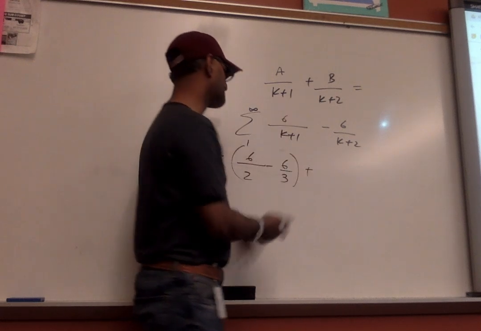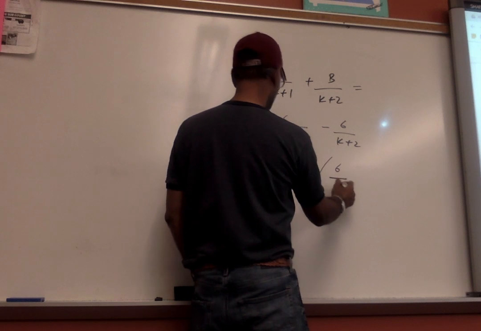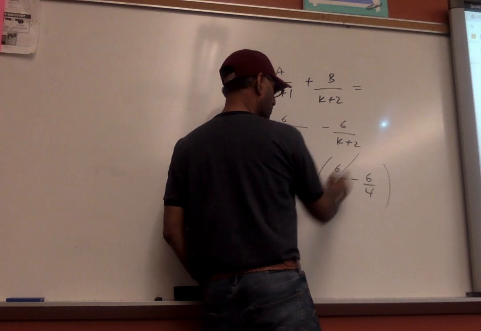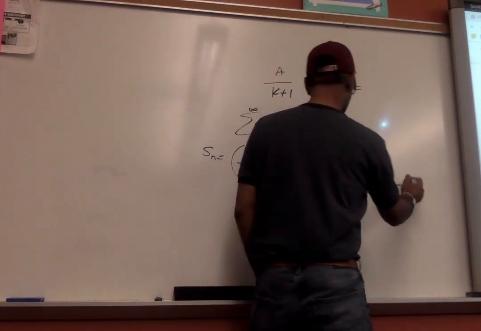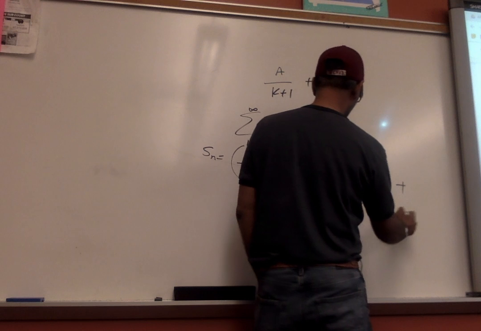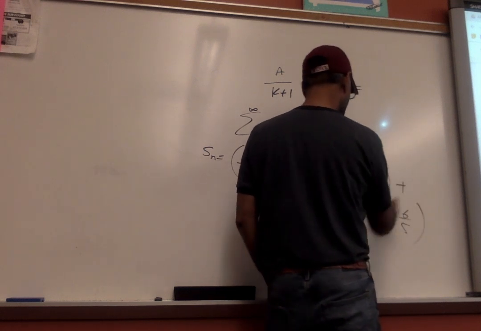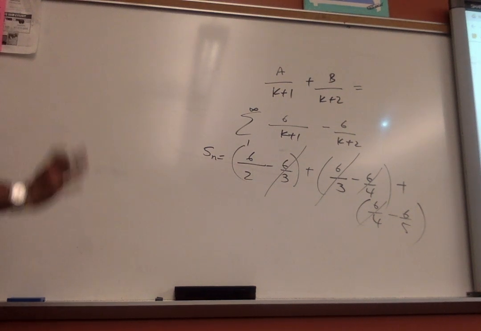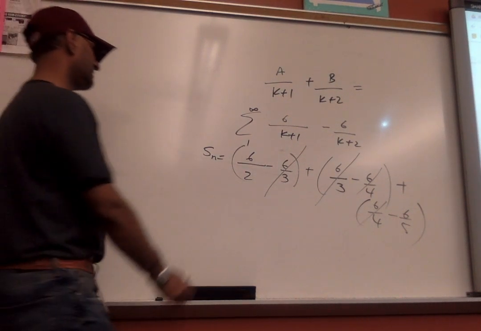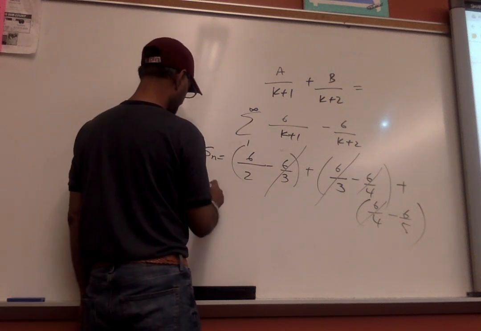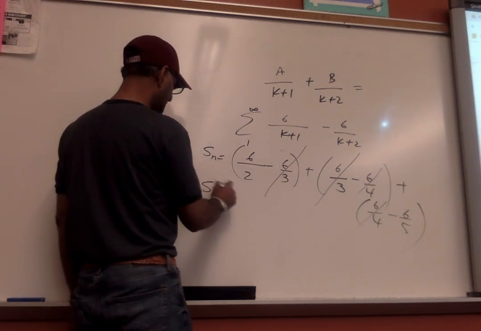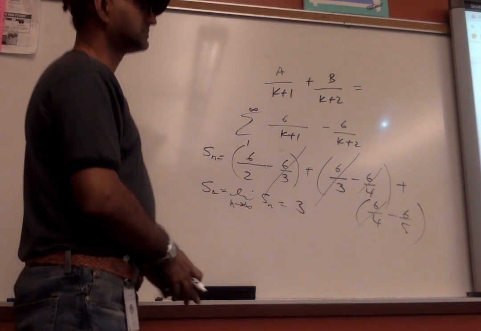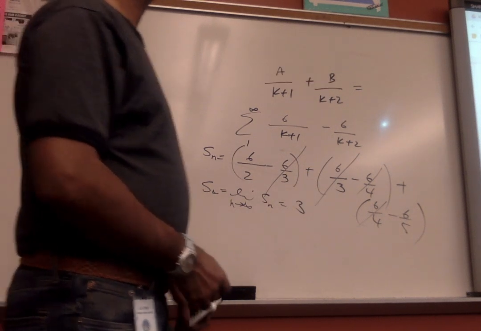Progressively, 6 over 3 minus 6 over 4, plus 6 over 4 minus 6 over 5. Do the 4's cancel? Here's the pattern for those of you who still don't get it: everything higher than 6 over 3 cancels. So what's leftover is just 6 over 2. Final answer, showing the work: S infinity is the limit as n approaches infinity of Sn, which equals 3. So the answer is B.